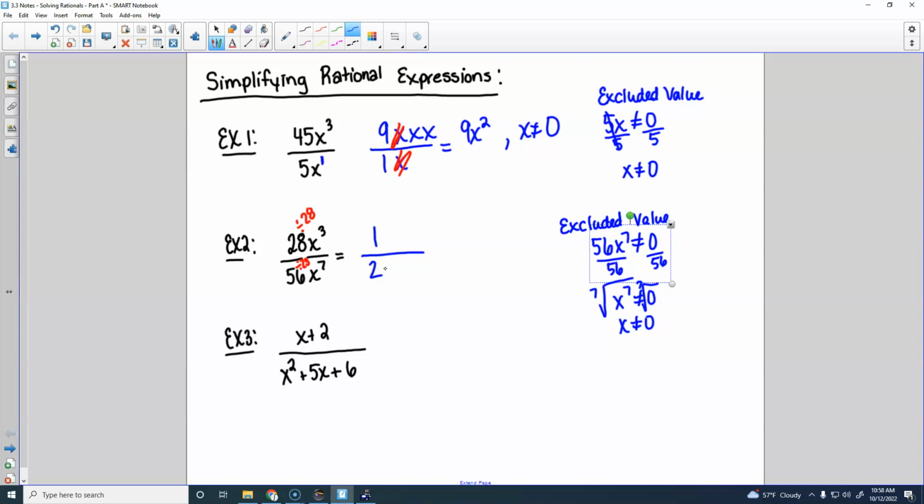If I subtract those, 7 minus 3 gives me 4. Where should I put those x's, top or bottom? Bottom, because there's more x's on the bottom, so that's where it's going to stay. The 1 here is very necessary, right? We don't have to write the 1's in the denominator of a fraction, but we definitely need them if the only thing we have left is the 1 in the top of the fraction. So we'd have 1 over 2x to the 4th, but we would say over here that x cannot equal 0 for our excluded value.